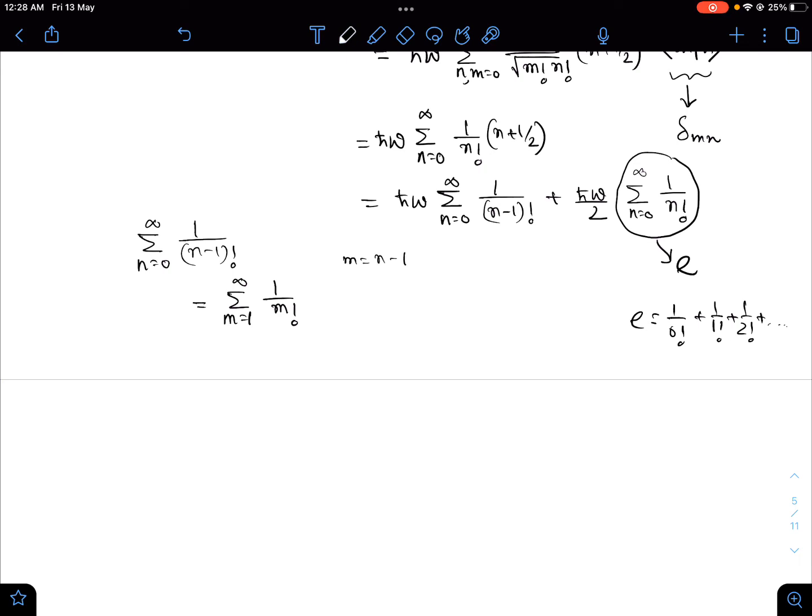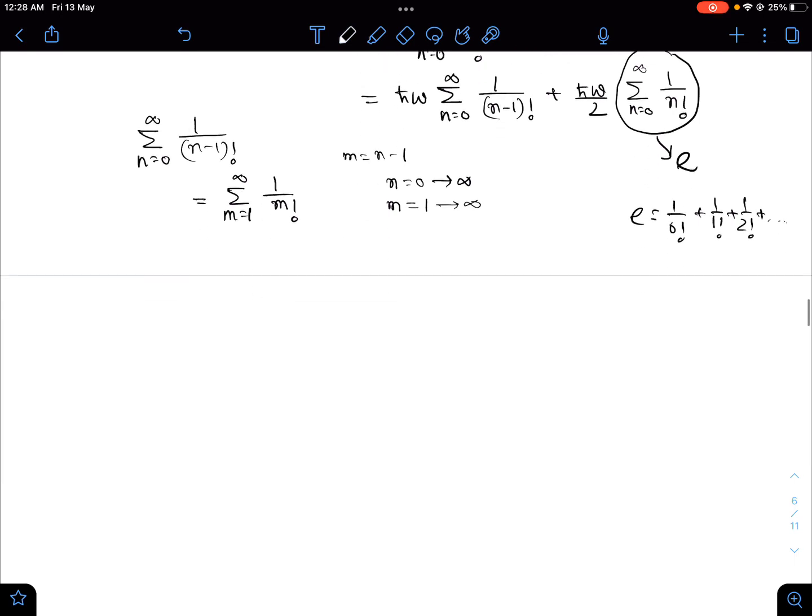So n from 0 to infinity implies that m has to be from 1 to infinity. So we are getting 1 by 1 factorial, 1 by 2 factorial, 1 by 3 factorial, and so on. So what we will do here is add the 1 by 0 factorial term and also subtract it.